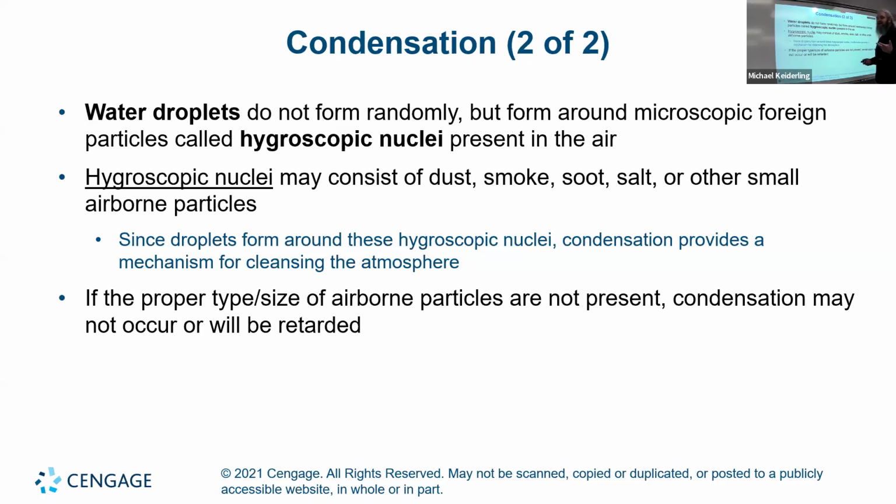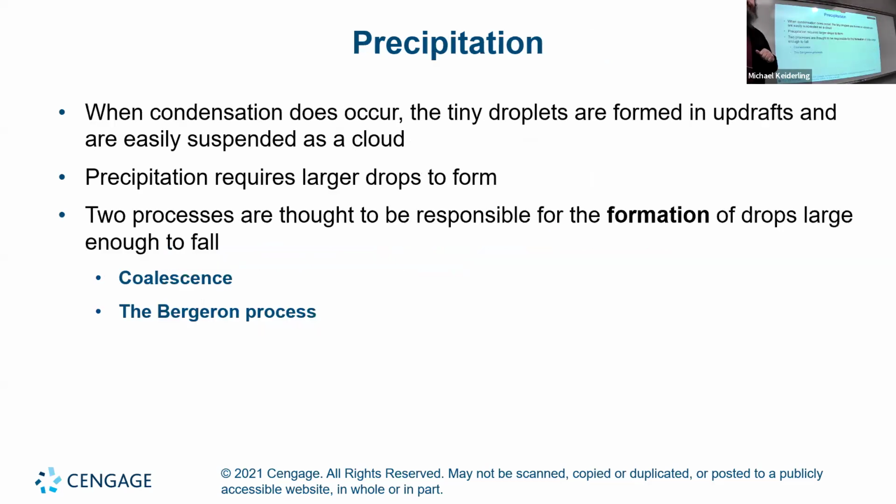And if the proper type and size of airborne particles aren't present, condensation may not occur, or it can be slowed down, it can be retarded. Now, when condensation does occur, it forms tiny droplets in updrafts, because it's formed when air cools down below the dew point.